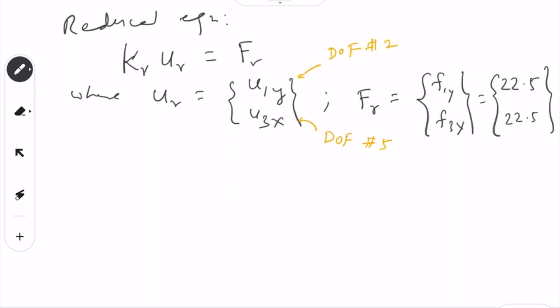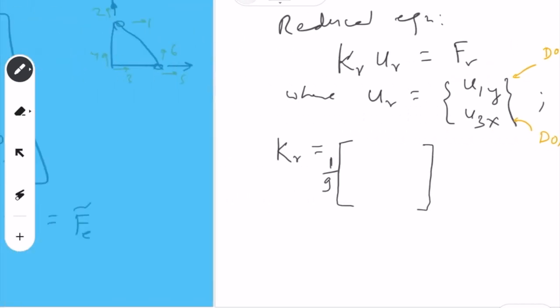Now we have to find this K_R, again using degree of freedom number 2 and number 5. So we can write it like this, with 1 over 9 and some expression here, multiplied by this D matrix.